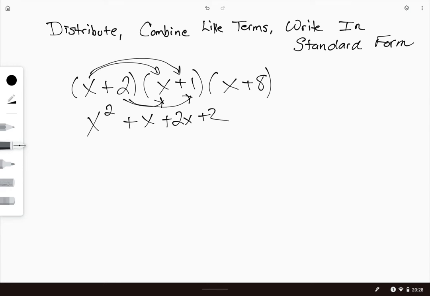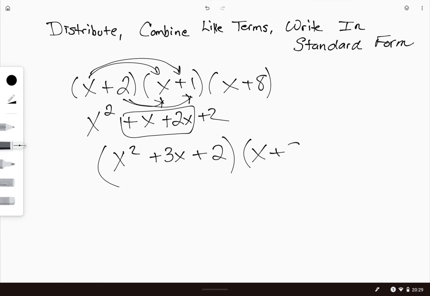So I get x squared, and now I combine my like terms, so I have x squared plus 3x plus 2. Now I'm going to multiply all of that by the x plus 8.